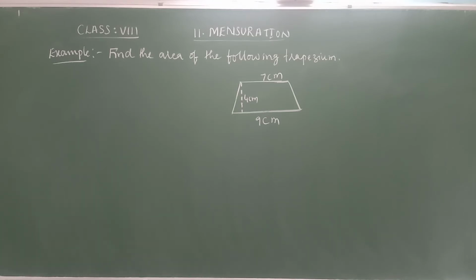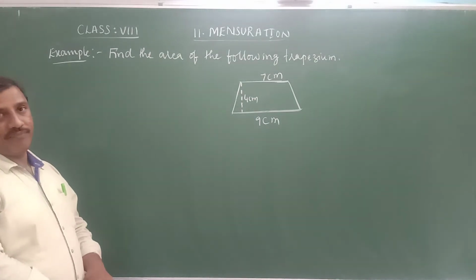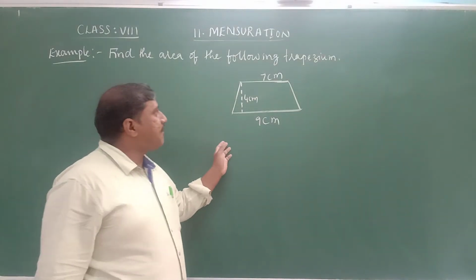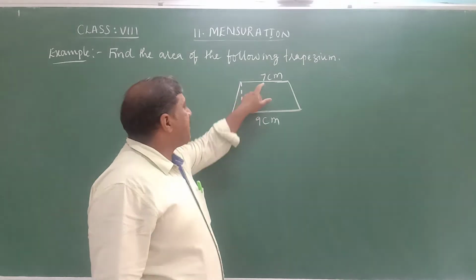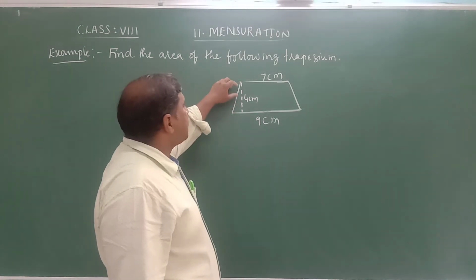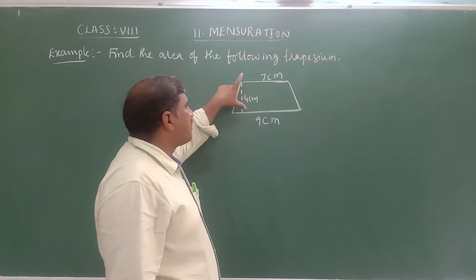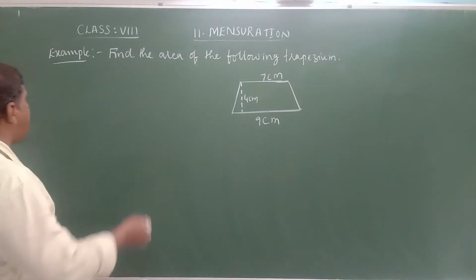Now we will discuss an example. Find the area of the following trapezium. You are given one trapezium in which the lengths of the two parallel sides are 7 centimeters and 9 centimeters, and the height, that is the distance between the two parallel sides, is 4 centimeters. So find its area.